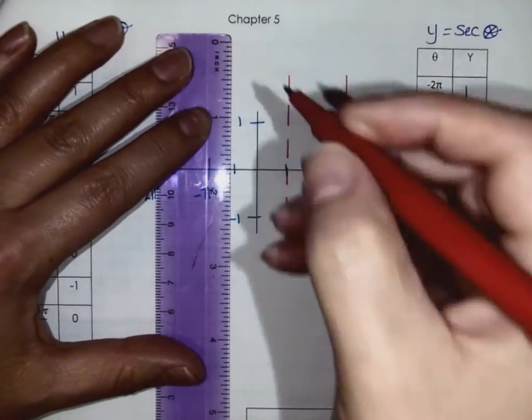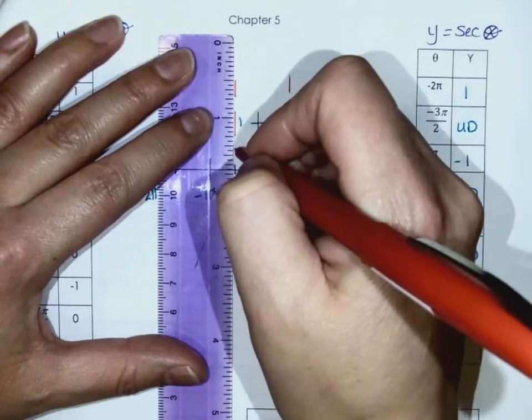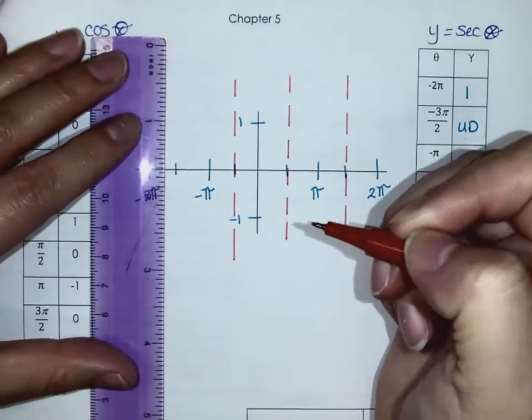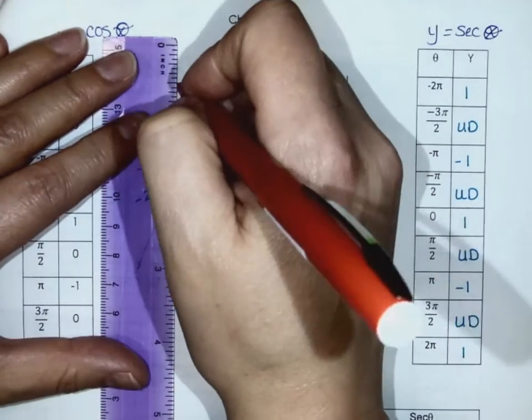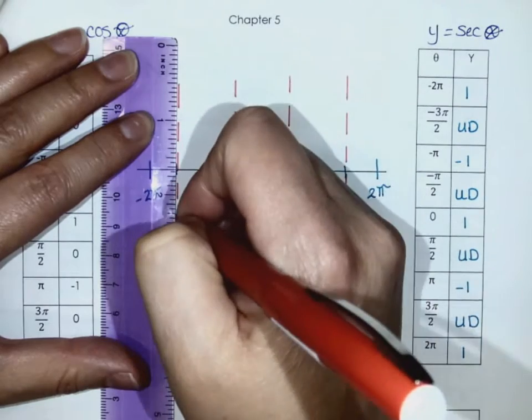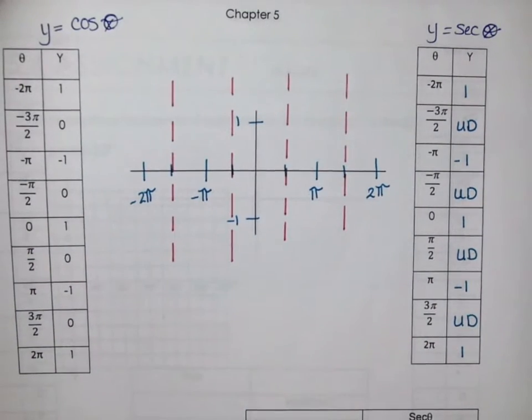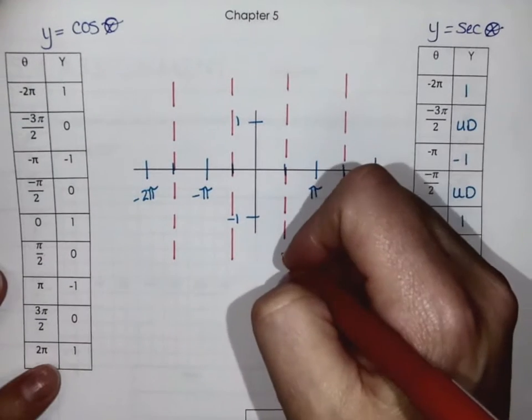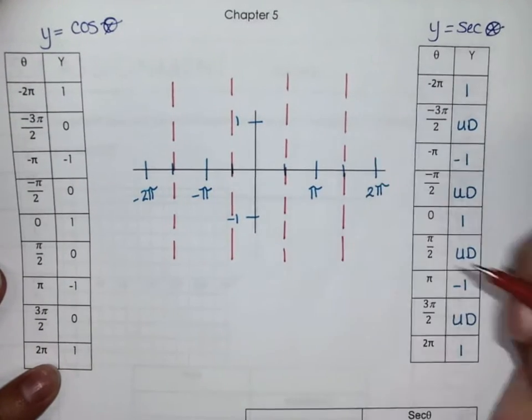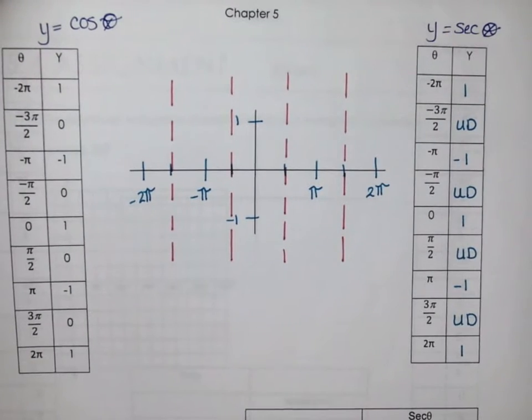And then I have another one at... okay, my asymptotes are all different lengths. Sort of the same length now.